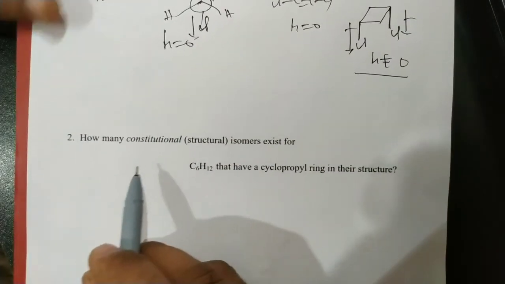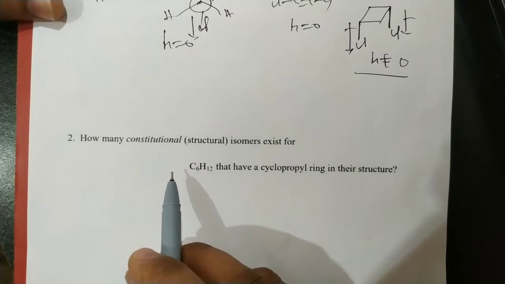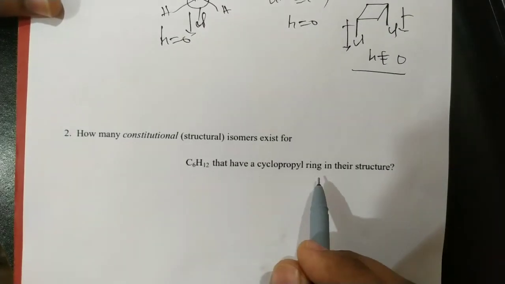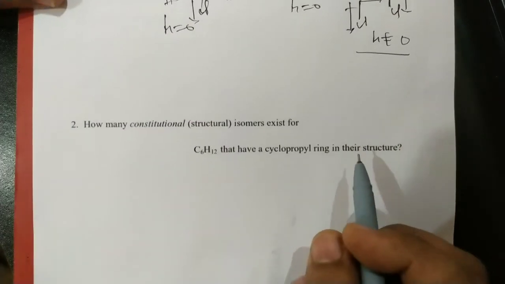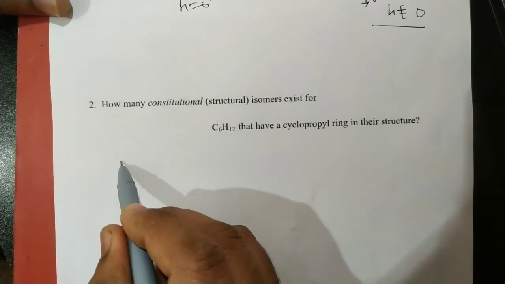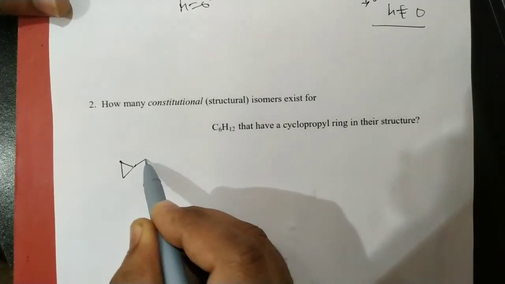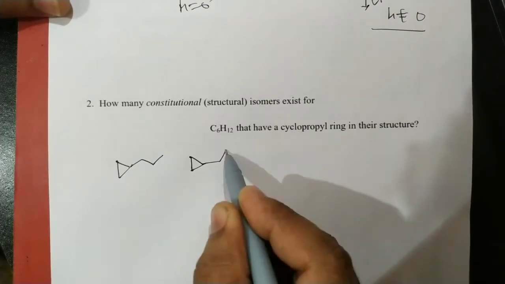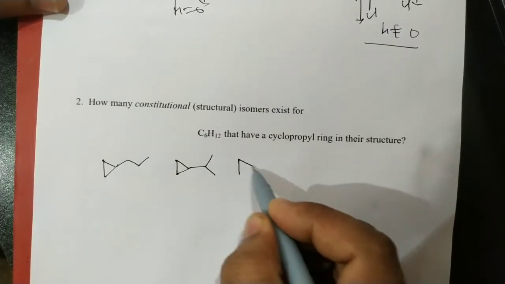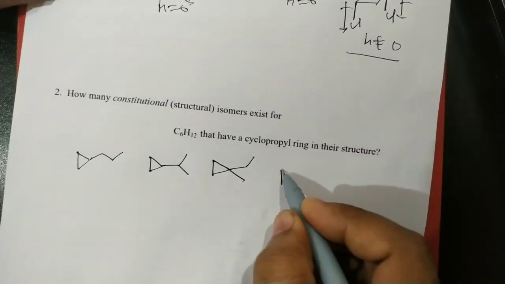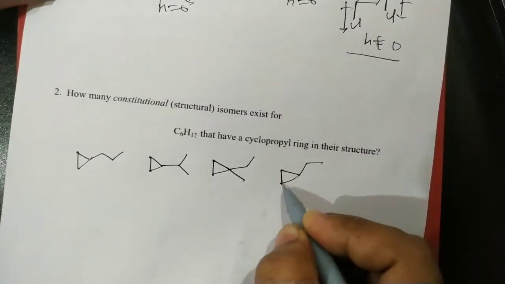Next, one more question. How many constitutional isomers exist for C6H12 that have a cyclopropyl ring in their structure? In their structure, the cyclopropyl ring must be there. So the cyclopropyl ring with the remaining n-propyl, or that may be isopropyl, or we can write ethyl and methyl. Now we can change the positions of the ethyl and methyl.